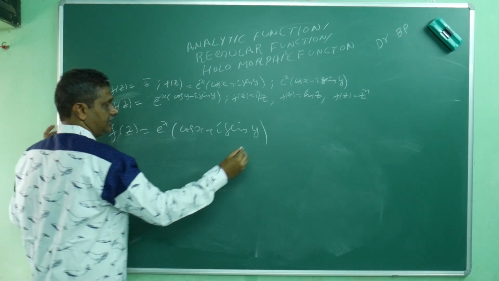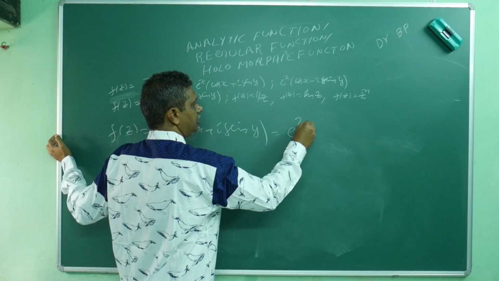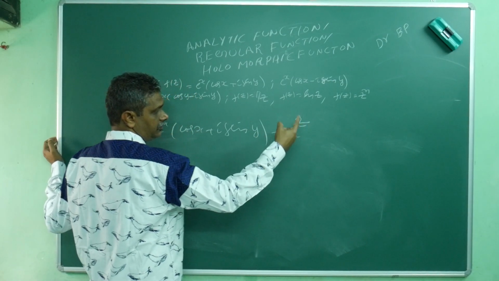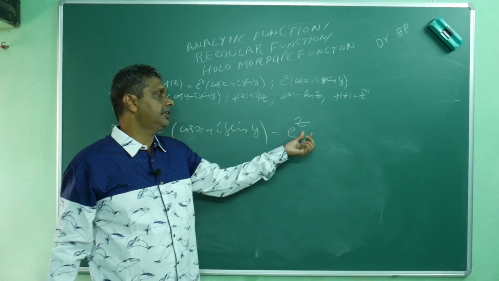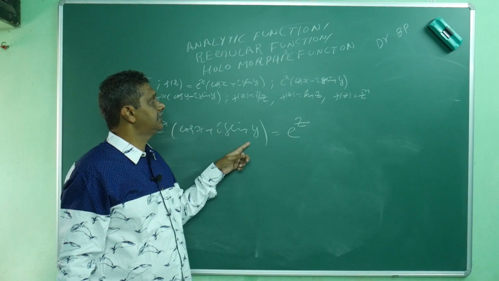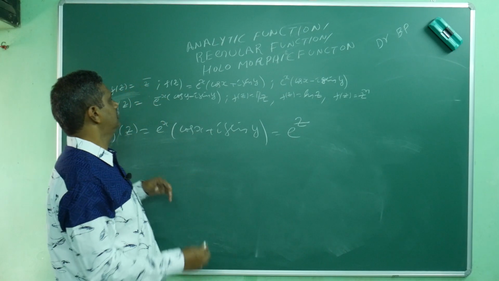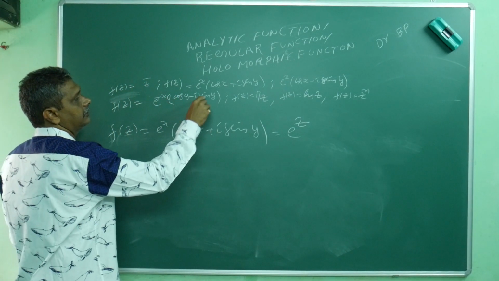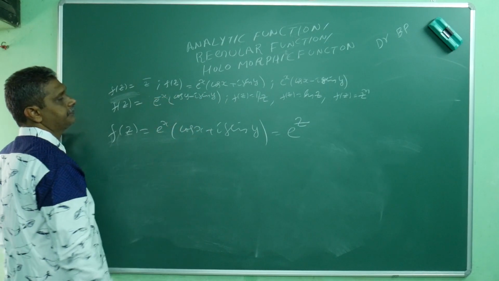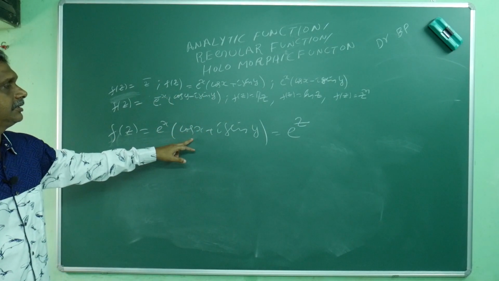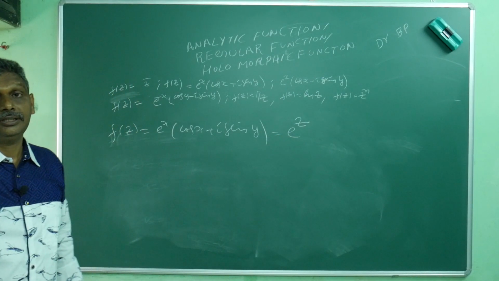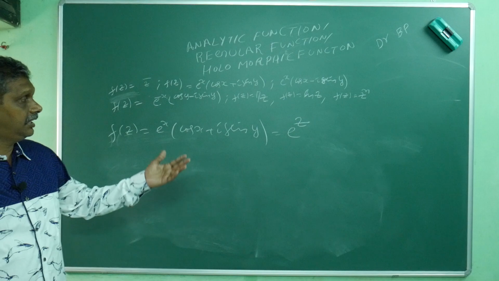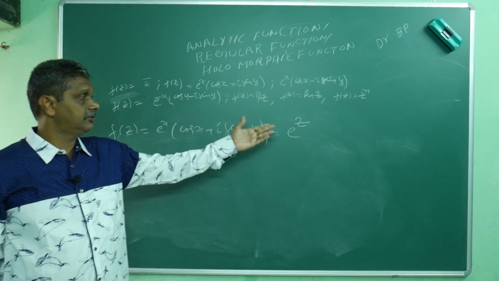They may call this e power z. If they give you e power z, put z is equal to x plus i y, then e power x into e power i y, where e power i y is equal to cos y plus i sin y. So what you will get is e power x into cos y plus i sin y, which has become e power z. Instead of giving this form, they may give e power z.